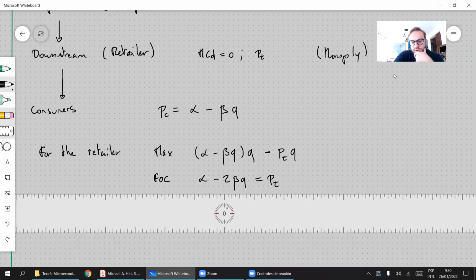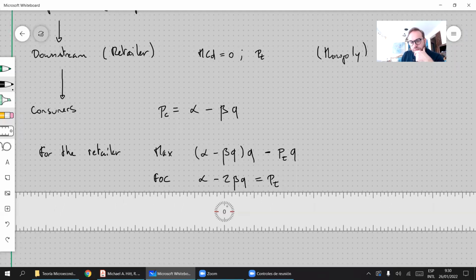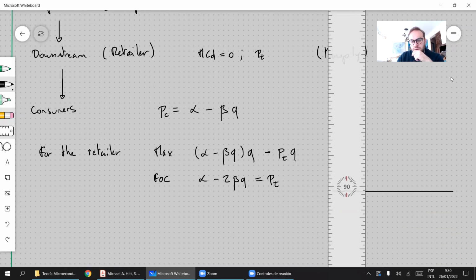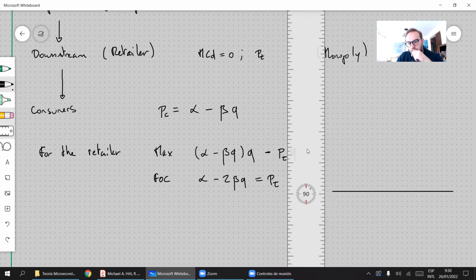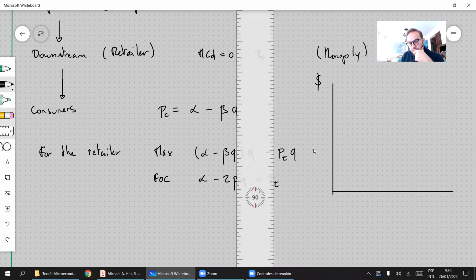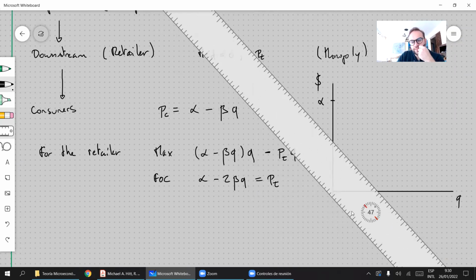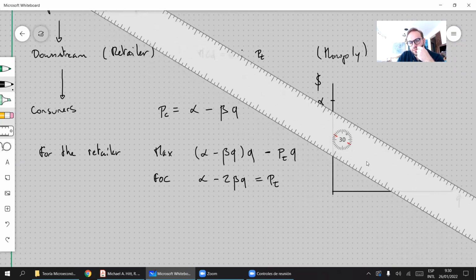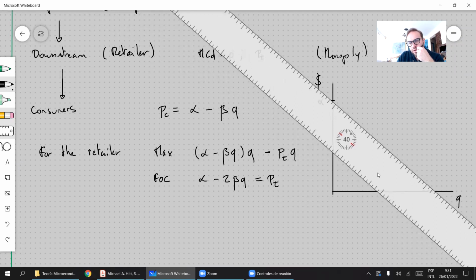So if I do this in a graph, here I'm going to put money, here I'm going to put quantities. So at an intercept alpha, I will get the demand.